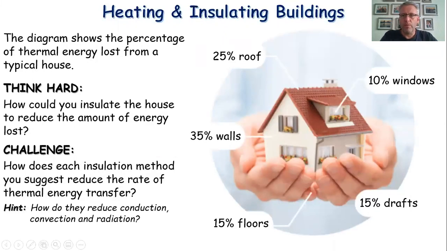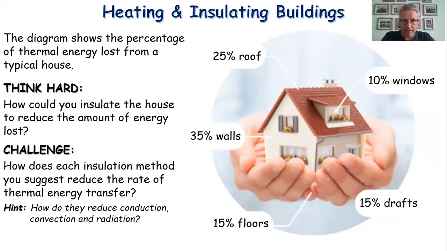Right, so now we're starting to apply how we use insulating materials and how we can prevent thermal energy transfer. So you've got a little model of a house, you've got 5 different ways that the energy can be lost, and I'd really like you to spend a little bit of time thinking hard, discussing with anybody who's near you, how you could insulate the house to reduce the amount of energy lost from those 5 different areas.